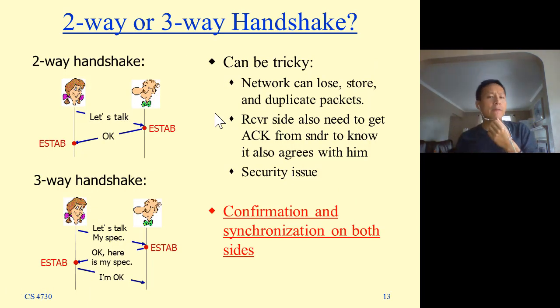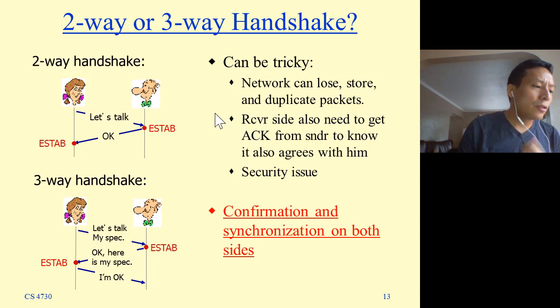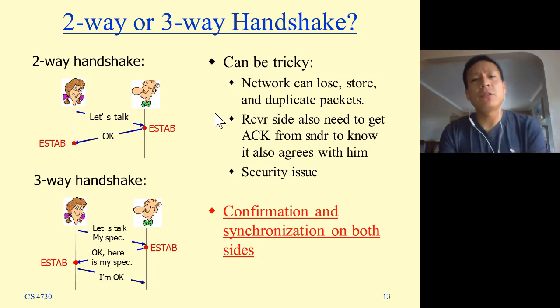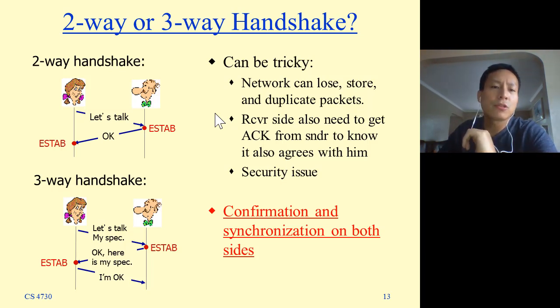So now you will have a problem. We know that we have to do a handshake, but how to do the handshake? This can be tricky because a handshake usually needs back and forth communication to make sure the other side understands me, right?